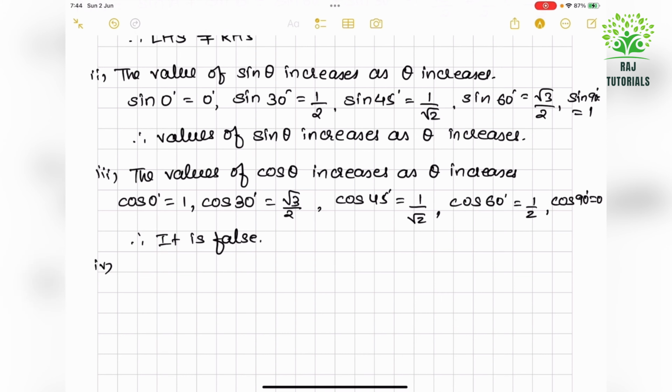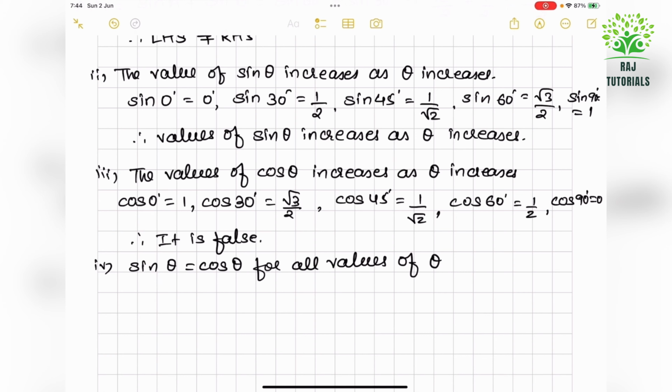Then fourth one says sin theta equal to cos theta for all values of theta.